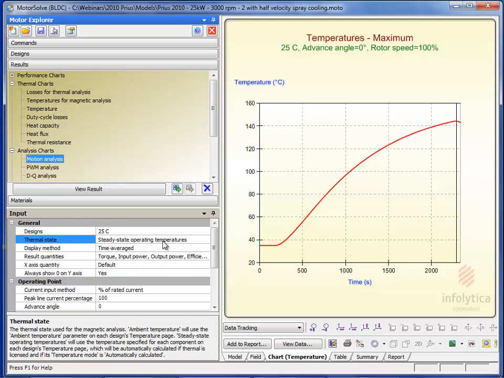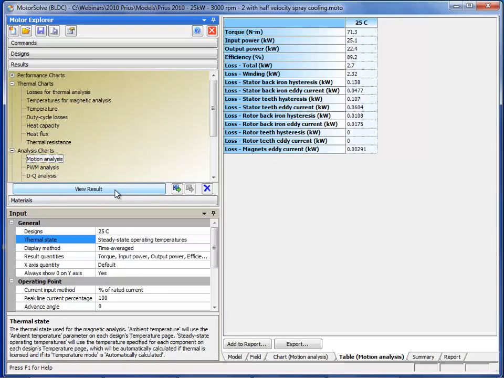The ambient temperature time average performance is the same. So if we look at the steady state performance, we have a little bit over 71 Newton meters for torque. Our efficiency has gone down to 89%. Our total losses are 2.7 kilowatts. 2.3 of those are from the winding.